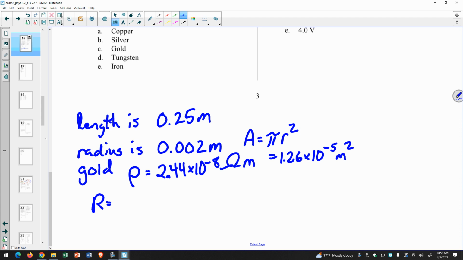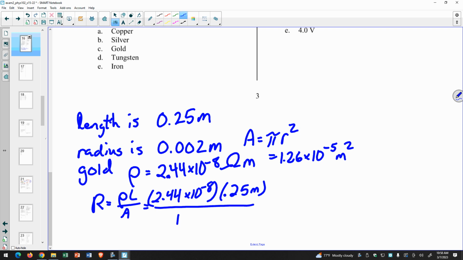Now I find the resistance is going to be rho L over A: 2.44 times 10 to the minus 8, L was 0.25 meters, so it's about this long, and then the area is 1.26 times 10 to the minus 5 square meters.